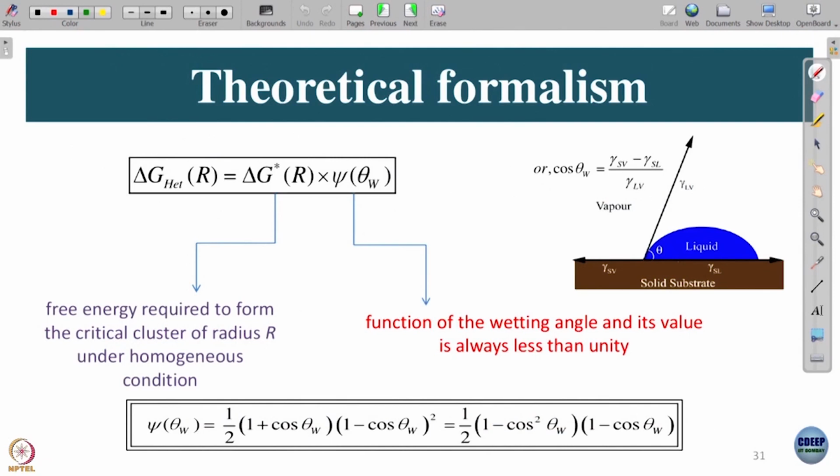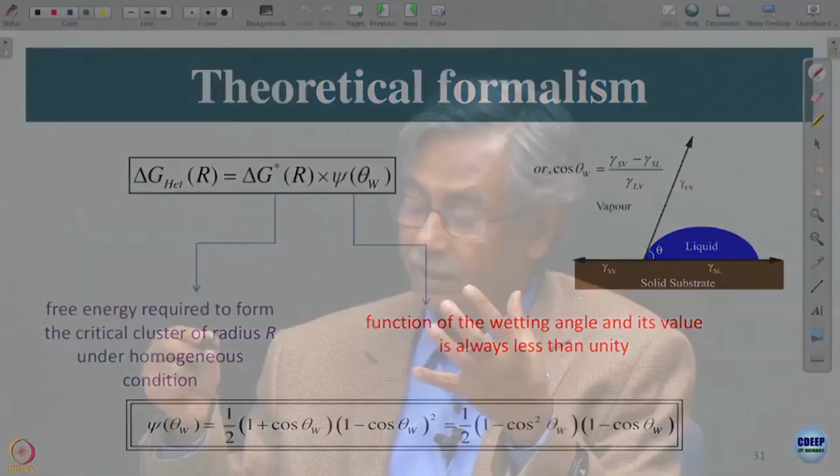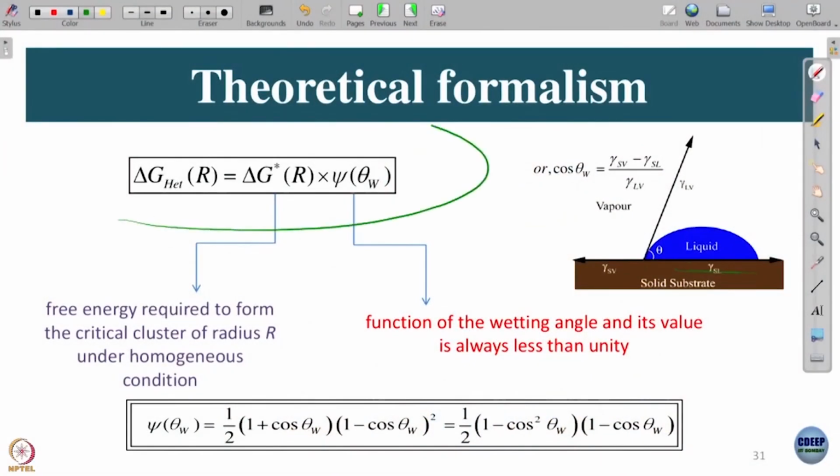Then the basic idea is that you reduce the exposure of the new phase to the old phase, and the surface tension of this could be much less, and as a result you get a free energy barrier for the heterogeneous nucleus, which is substantially reduced, and the amount it gets reduced is a quantity psi theta w, which is given by this expression.